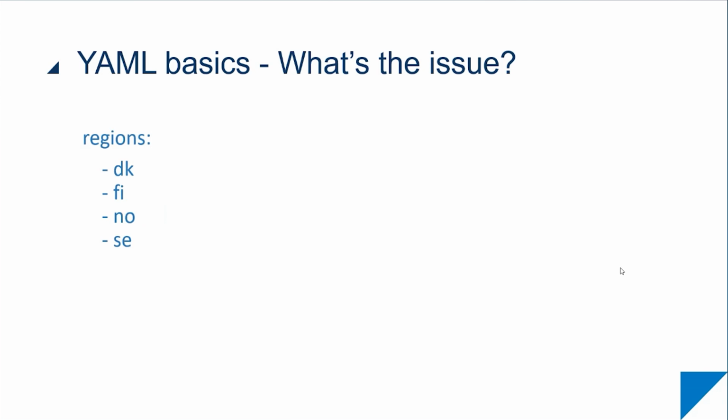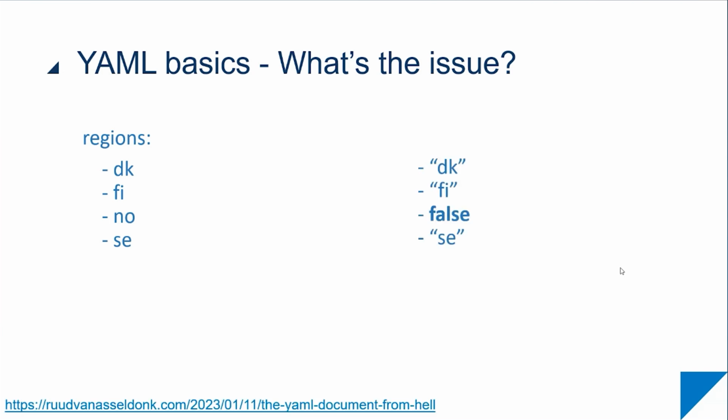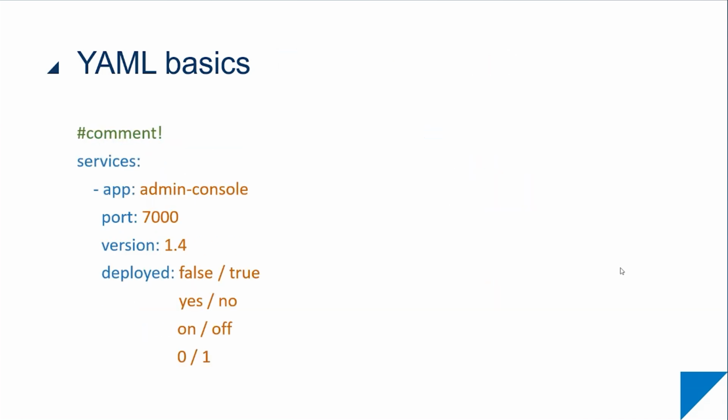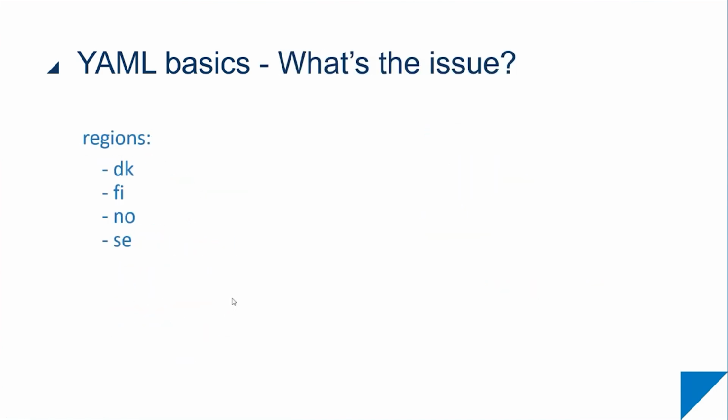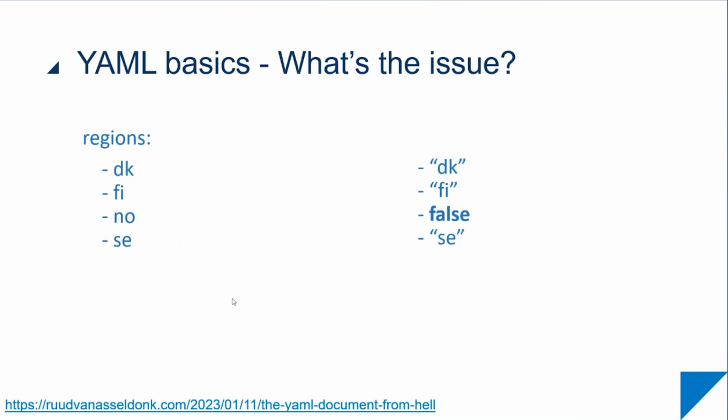And then the last one, what's the issue? I don't know if you have an idea about this one. Maybe no is a keyword. Yeah, that's correct, Edwin. Like no, we saw that actually somewhere over here with the yes and the no. So if you don't use quotes, then YAML will interpret it for you, and then you get really strange results.